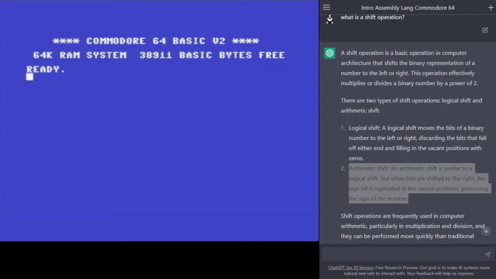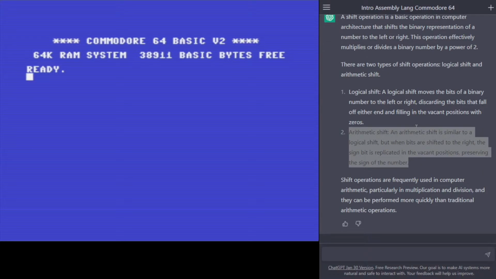Arithmetic shift. An arithmetic shift is similar to a logical shift, but when bits are shifted to the right, the sign bit is replicated in the vacant positions, preserving the sign of the number. So when shifting to the right, the sign bit, which we still don't know, so I should probably ask her to explain that, gets replicated in the vacant positions.